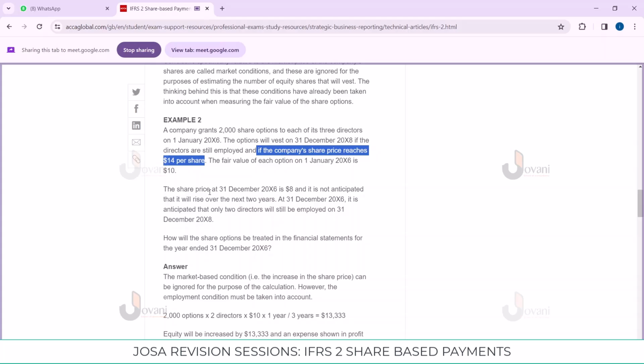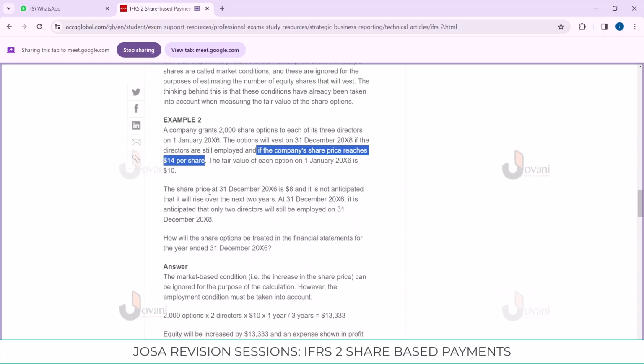At 31st December 2x6, it is anticipated that only 2 directors will be employed on 31st December 2x8. Now we are trying to assess. We said at each reporting date, we must assess if the service condition is going to be met. How will the share options be treated in the financial statements for the year ended 31st December 2x6, the first year?